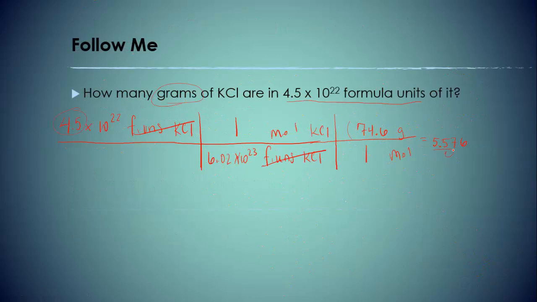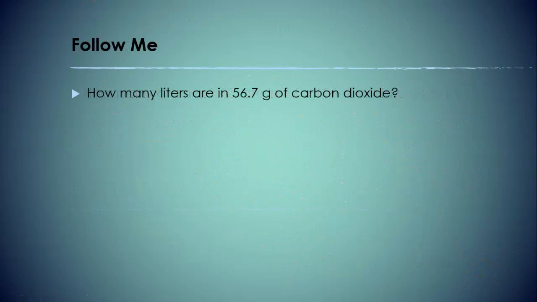The 7 is going to round that 5 up, so that'll be 5.6. And over here, the moles of KCl cancel. I'm left with grams of KCl, so that'll be my unit: 5.6 g KCl.